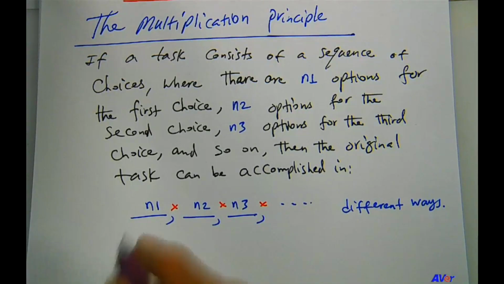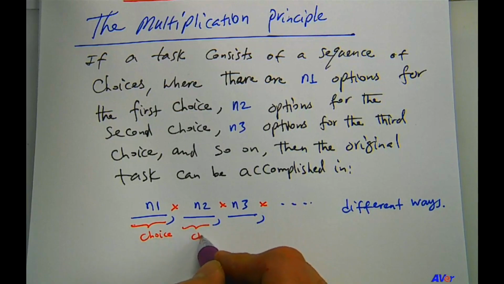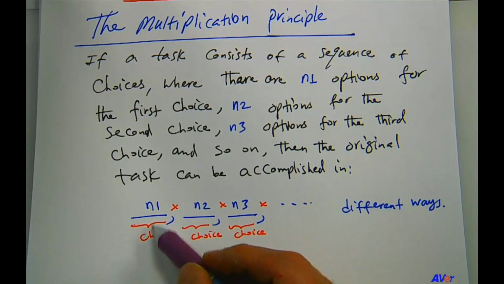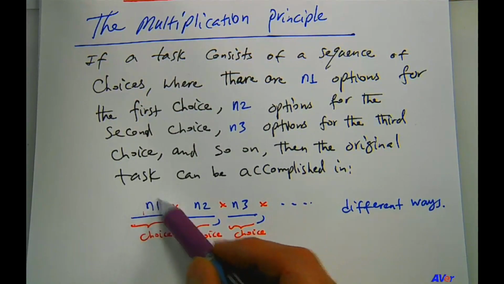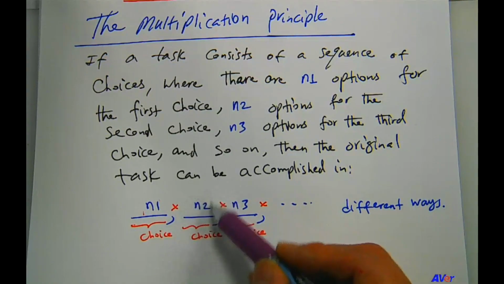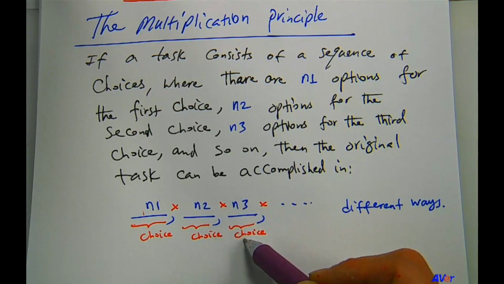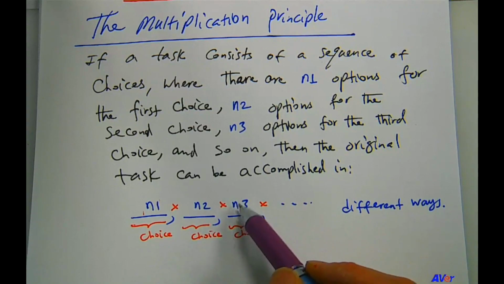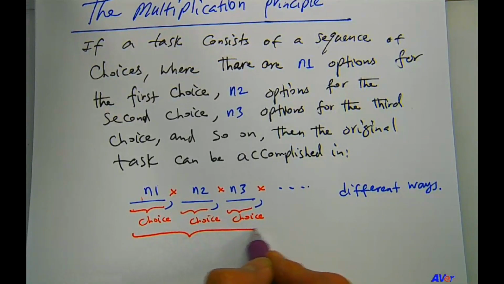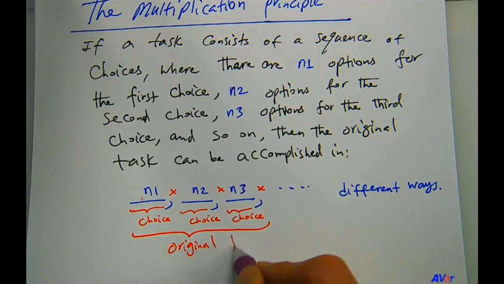So this one is a choice, and this one is another, different choice, and this one is a choice, and for this choice, there are that many different ways of making that choice. For this choice, there are that many different ways of making this choice, and that many different ways of making this choice. So all these three choices go into accomplishing the original task.